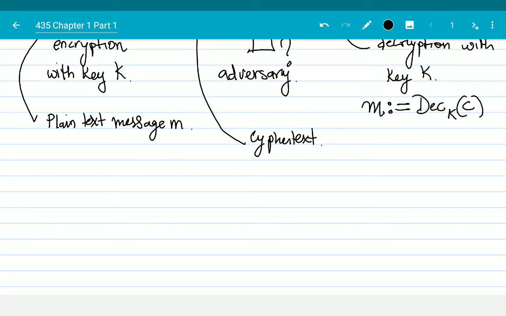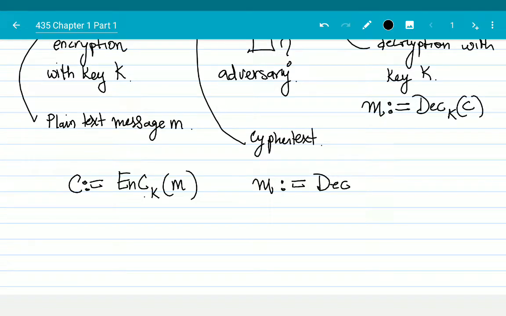I'm going to say that C is equal to encryption, maybe capital, encryption of my message with the key K. Okay, and M should then be again the decryption of my ciphertext with the key K. Okay, so if I'm sending a message, the encryption and decryption should be reverse processes of each other, right?